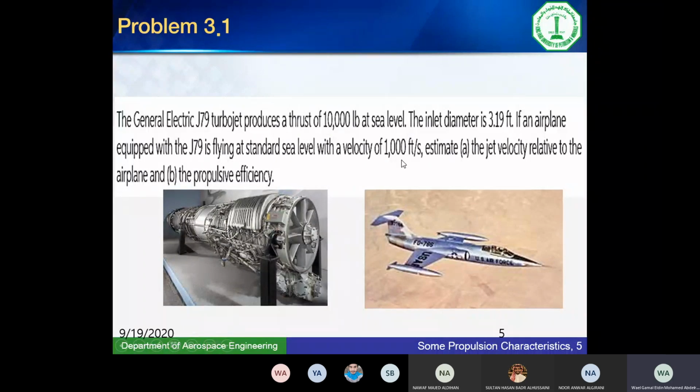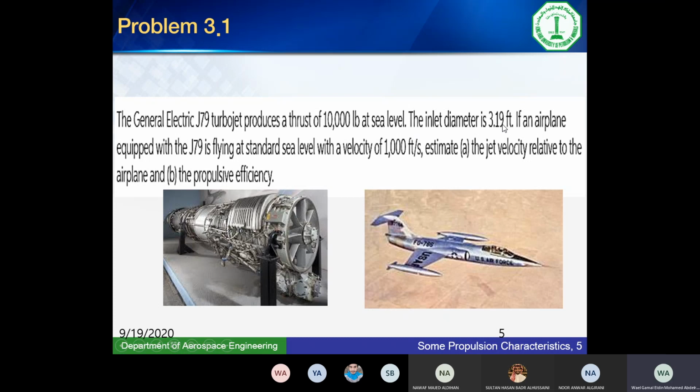It used to power the F-104 Starfighter, and it's actually the predecessor of the J100 that's used to power the F-16. This turbojet engine produces a thrust of 10,000 pounds at sea level. If it runs at sea level conditions, it has a 10,000 pound thrust. The inlet diameter is 3.19 feet.